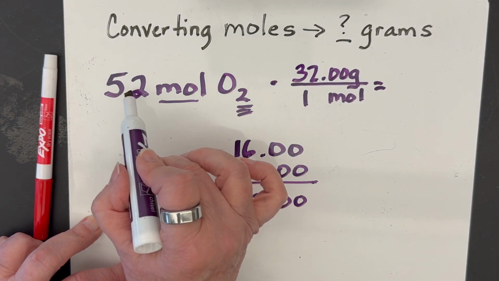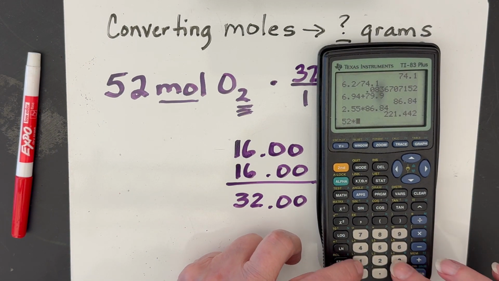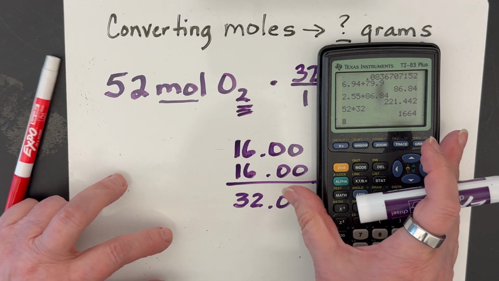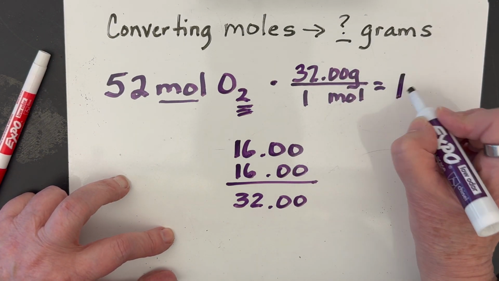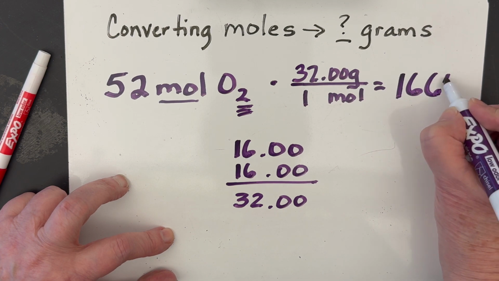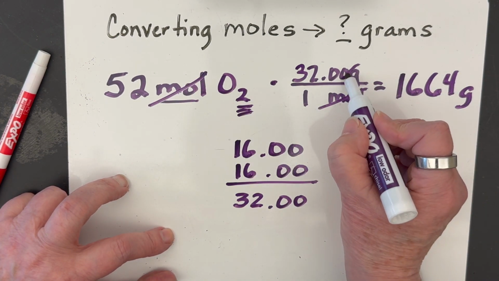So we're going to take 52 times 32, which is 1664 grams, because moles canceled and we're left with grams.